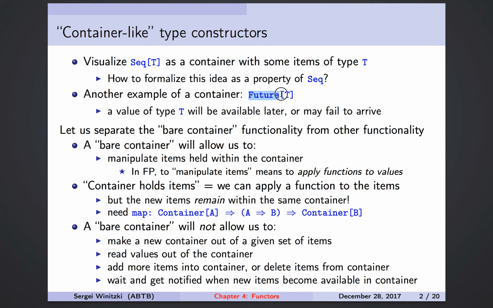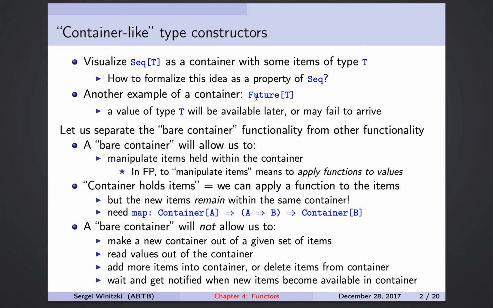And here's another one which represents a value of type T that will be available later, or actually may fail to become available. But it's not available now in any case, likely. So how do we abstract away a common feature between these two very different data types?